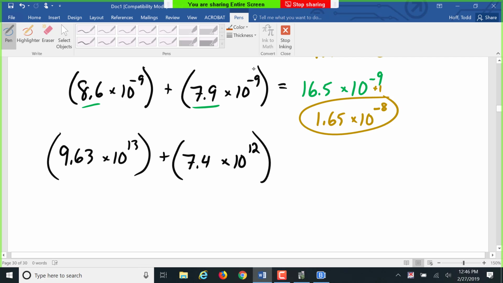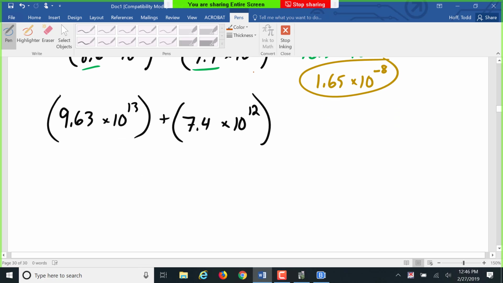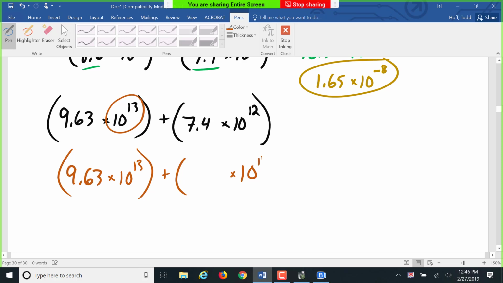We have to rename them so that they have the same name, just like we did with fractions. Normally, for scientific notation, we go to the larger power of 10. So 10 to the 13th is the larger one, so that one's going to stay the same. 10 to the 12th is going to become 10 to the 13th.